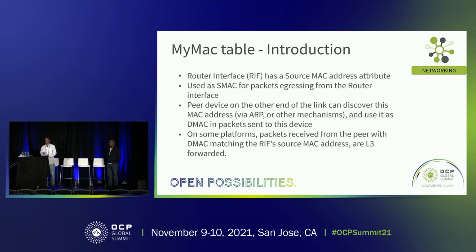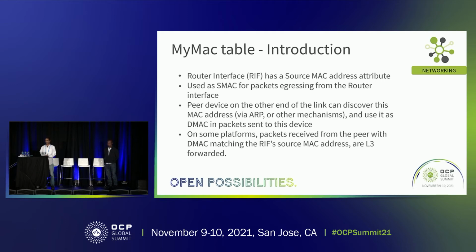The second enhancement that we were looking for was the ability to program this MyMAC table. So today the router interface has a source MAC address attribute, and it is used in the ingress pipeline as well as in the egress pipeline.